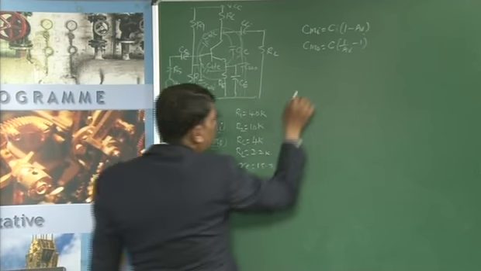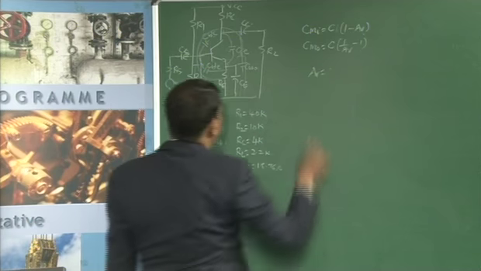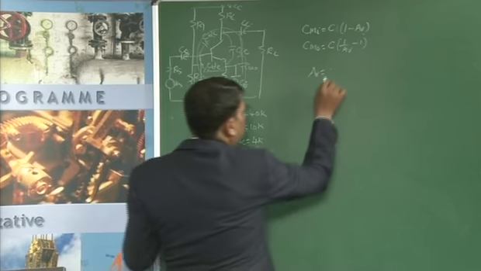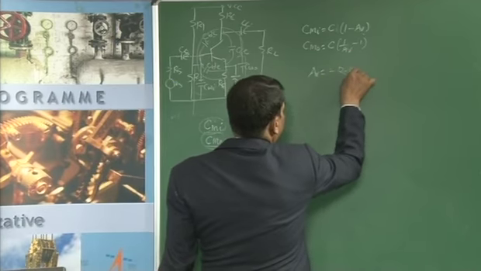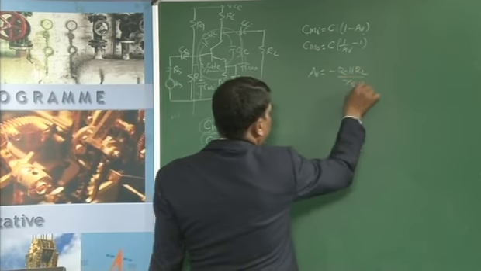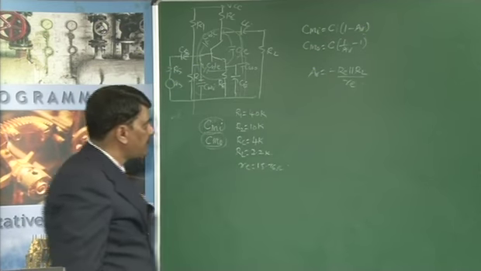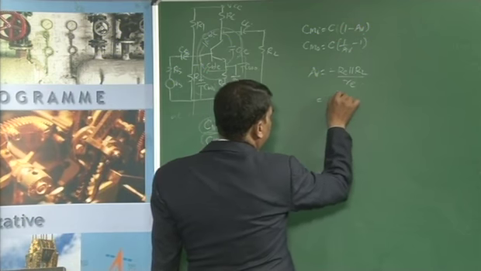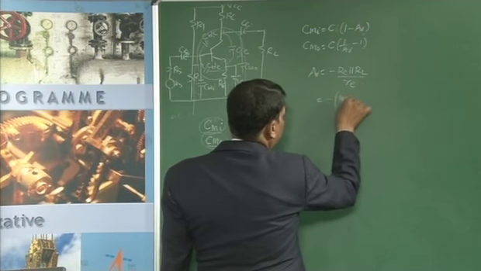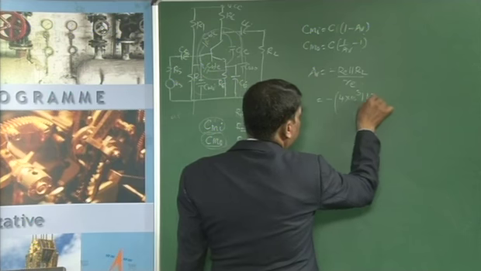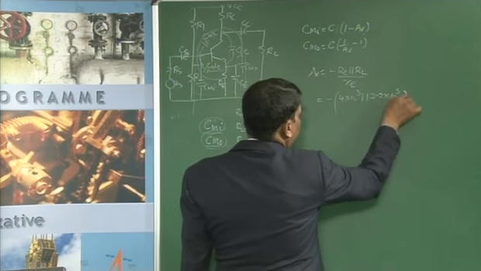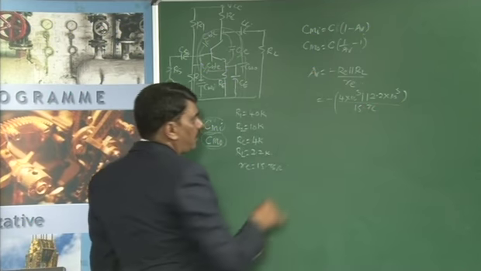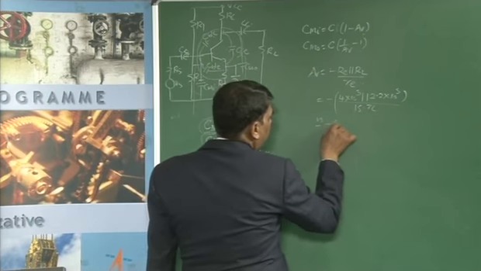From this circuit analysis, we need to calculate the mid frequency gain, which is nothing but A_V equal to minus RC in parallel with RL divided by r_e. If you substitute, you get minus 4 into 10 to the power of 3 in parallel with 2.2 into 10 to the power of 3, divided by 15.76. If you simplify this, the gain is approximately equal to minus 90.